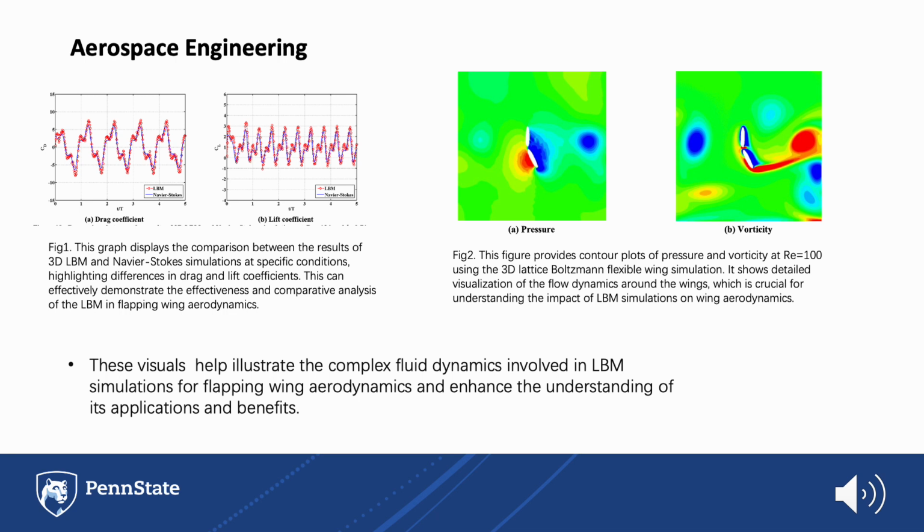And moving on to figure 2, we can see that the figure provides contour plots of pressure and velocity at run number 100 using the 3D lattice Boltzmann flexible wing simulation. It shows detailed visualization of the flow dynamics around the wings, which is crucial for understanding the impact of LBM simulation on wing aerodynamics.